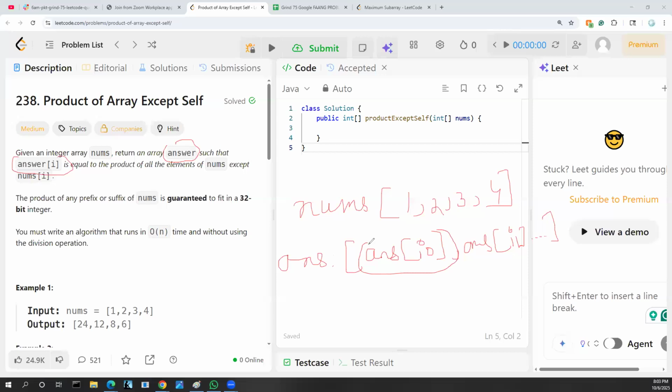Then these right here, these values are equal to the product of all elements of nums except the nums of I.